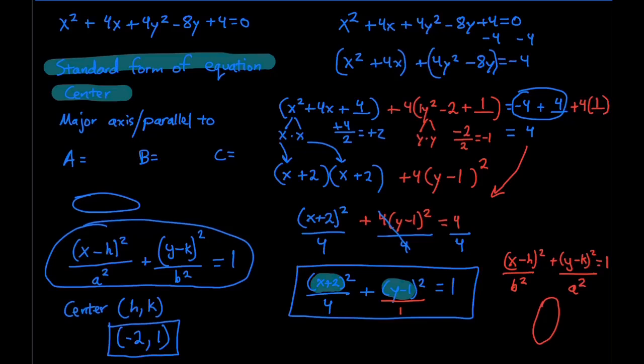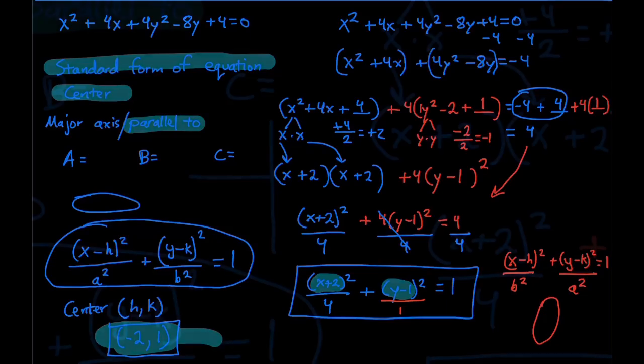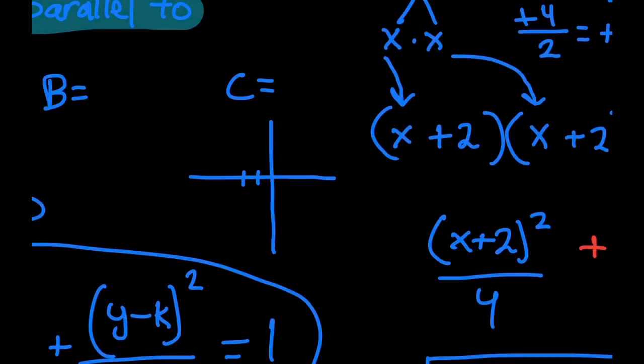Okay. That makes sense. Okay, excellent. Here, this is the case where it's parallel to. The way we know it's parallel to is because if we were to look at the center, because the center isn't on either axis, and instead it'd be right about here, just because it's not on either axis, and because it goes sideways, we know that it would be parallel to.